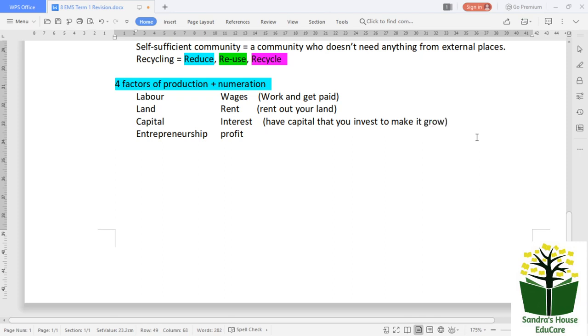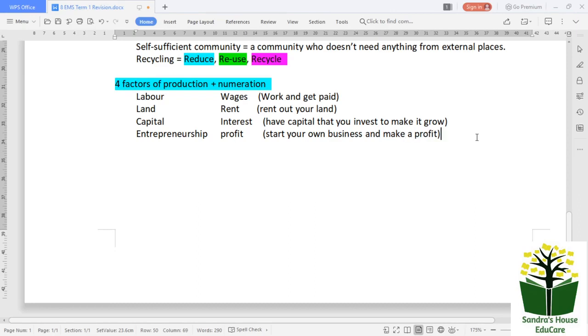And then you get interest on that investment and your capital grows. The other way that we can make money is to start your own business and make a profit. So we're looking at that when we're talking about entrepreneurship.